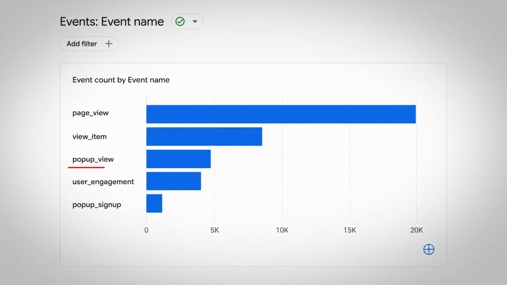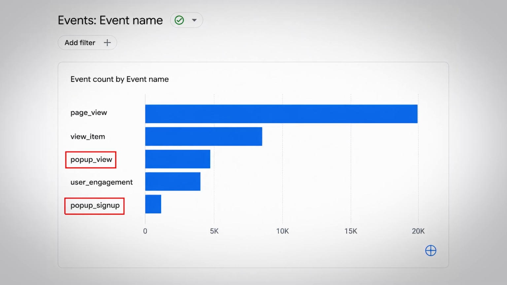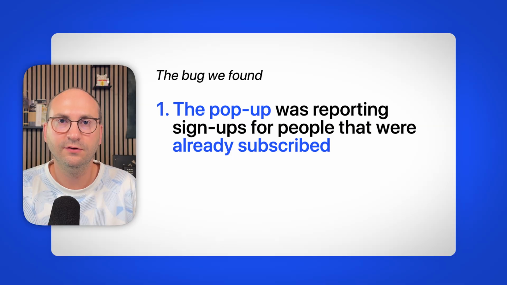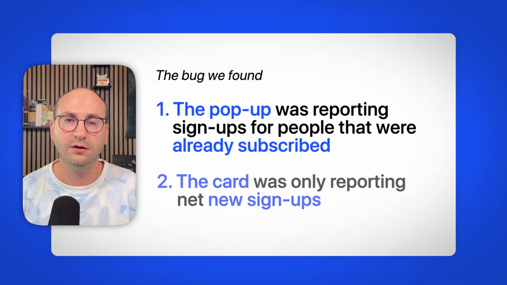Additionally, we put in an event that let us understand if a pop-up was being viewed and if a pop-up had a successful sign up. One of the things we also found is a bug in reporting between the pop-up and the card version. The pop-up was reporting signups for every single person, even if they were already subscribed, whereas the card was only reporting net new signups.